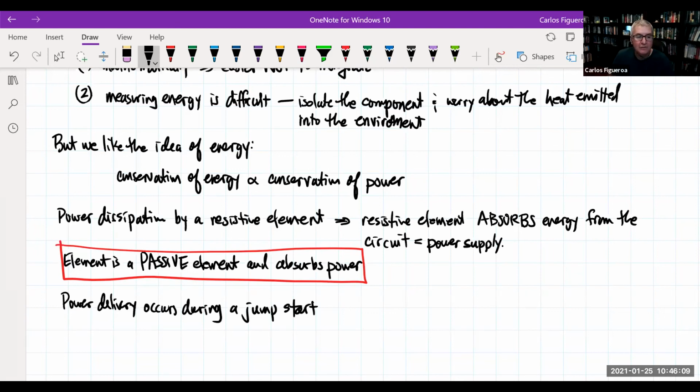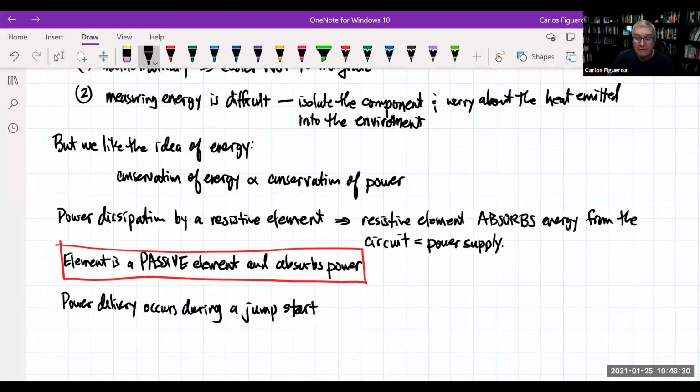Imagine that you hook up two batteries. One's a bad battery, one's a good battery. The good battery is delivering power to the other battery. We have to be really careful how we talk about that power, but that's an example.